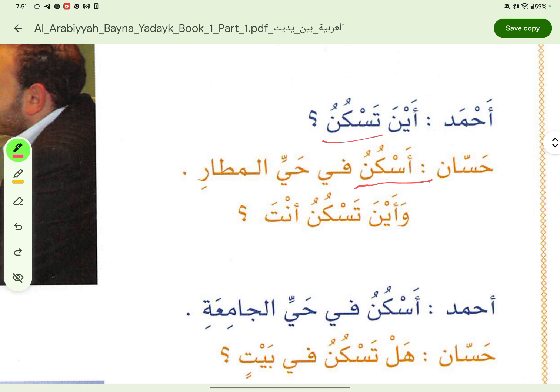So there's the next thing you have to write. You have to have a page for verbs, a page for nouns, and a page for damair, which is pronouns. The pronouns that we have learned so far are, for example, anta, anti, hiya, huwa, ana.